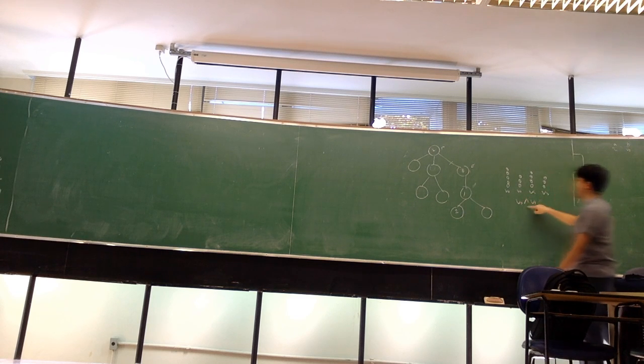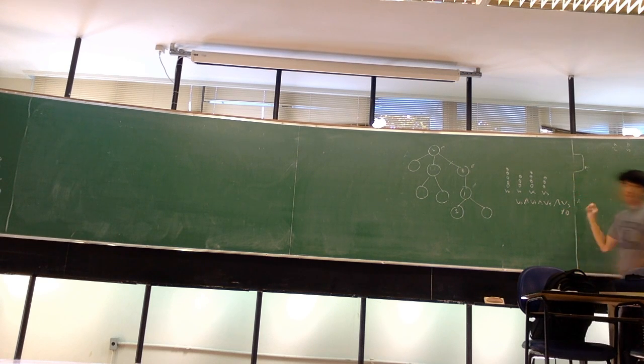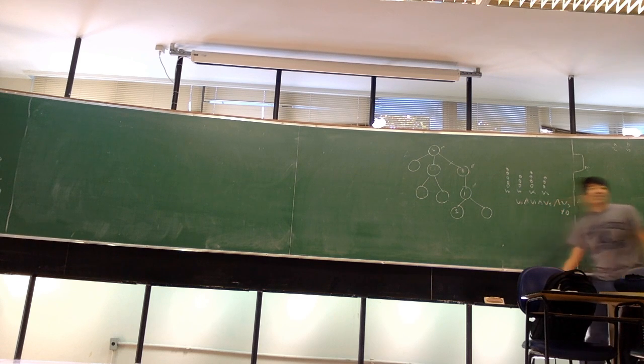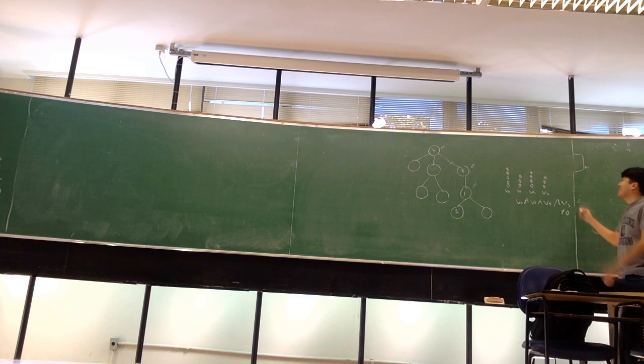I'm going to write this in binary to represent the XOR. If you're not familiar with this, I would need some extra time to explain why this holds, but it's a really cool theory. You should look into it. But I'm going to use this fact in order to solve the problem.